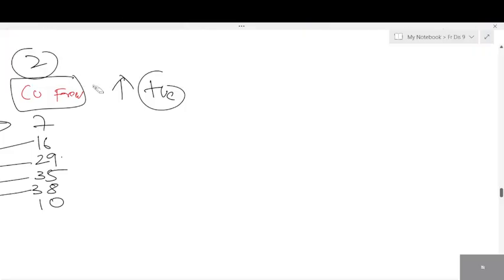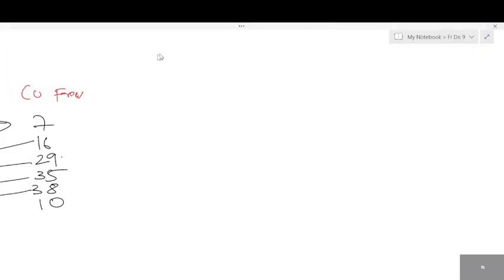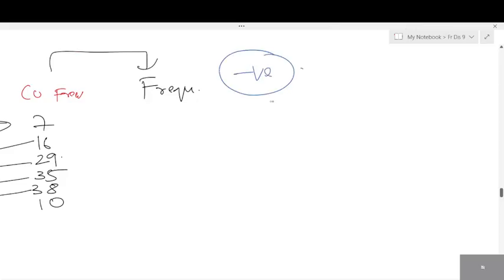Now imagine they have given cumulative frequency, students. Don't look at your notes. Look at the screen and answer. You have to convert into frequency. Is the number of words increasing or decreasing? Add or subtract? Yes, if it is decreasing, you have to subtract. How will you find? 7.